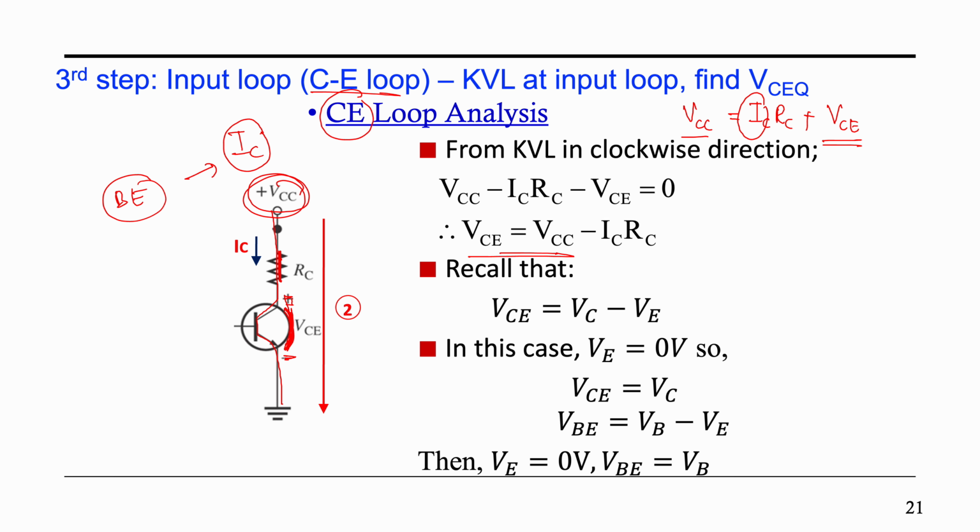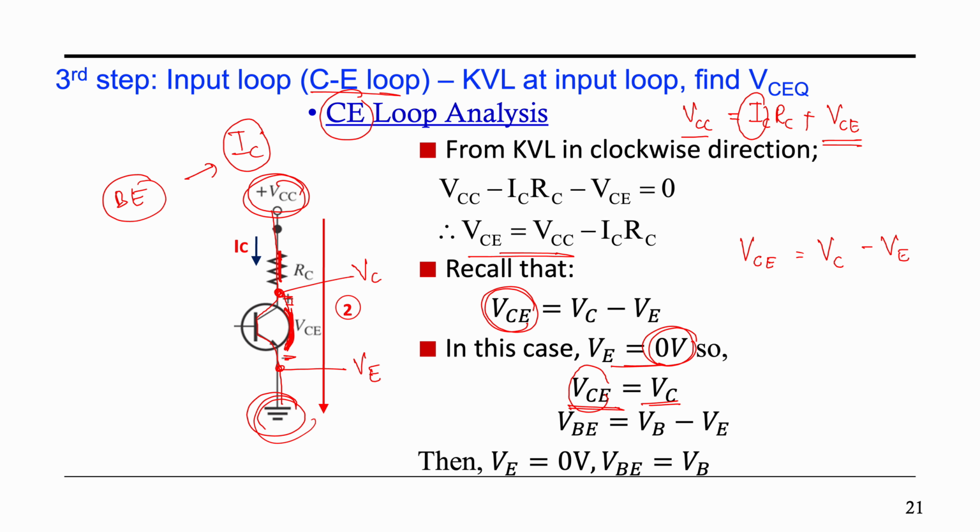Then you can find the value of VCE. Once you know the value of VCE, remember VCE is equal to the voltage at point C minus the voltage at point E. Here is the voltage at point C, and here is the voltage at point E. Usually your VE is connected to the ground, so it equals 0 volts. Hence, your VCE is equal to VC.